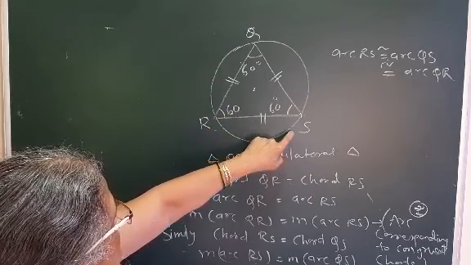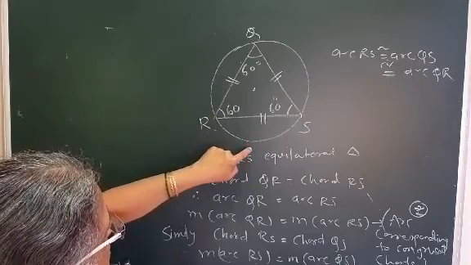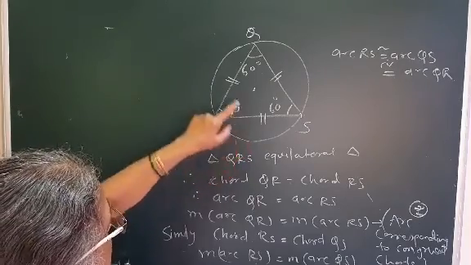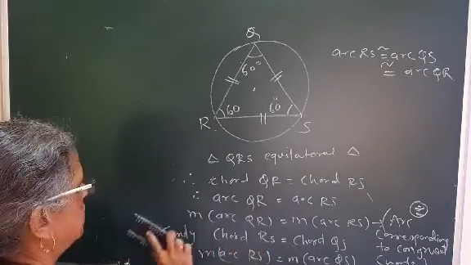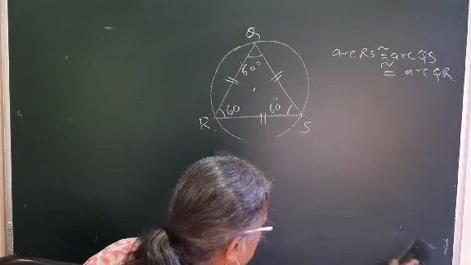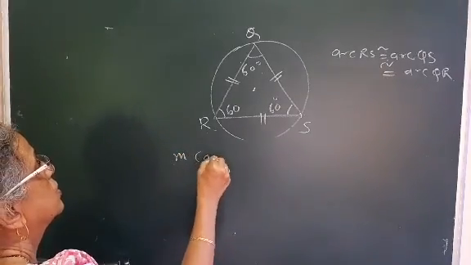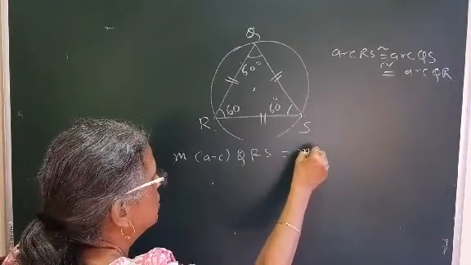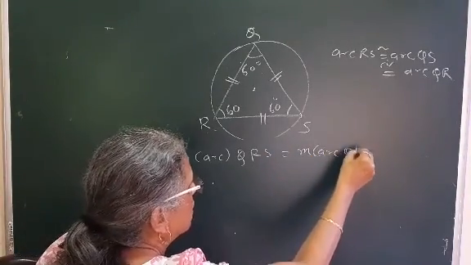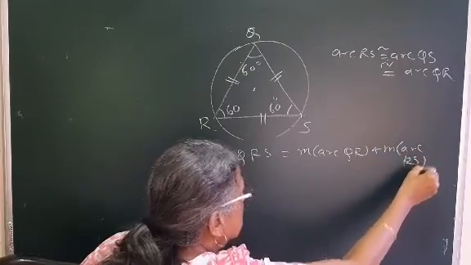Followed. So here QRS will be major arc QR plus major arc RS, but we do not know major arc QR as well as major arc RS. So how to find that? Major arc QRS, they have asked to find, is equal to major arc QR plus major arc RS. Followed.